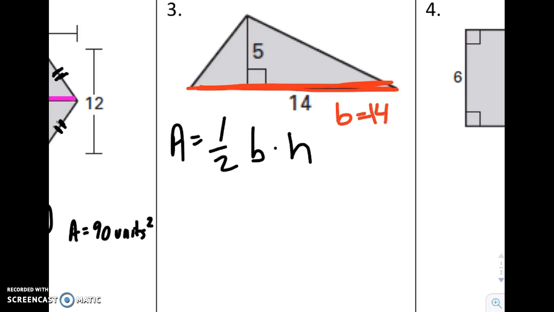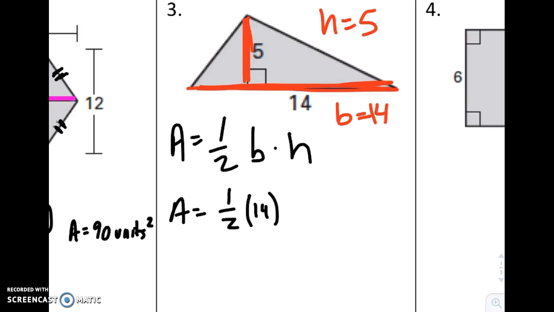Since we choose that, the perpendicular height then, h is 5. So we'll plug that into our formula. Area equals 1/2 14 times 5. So the area of this triangle is 35.